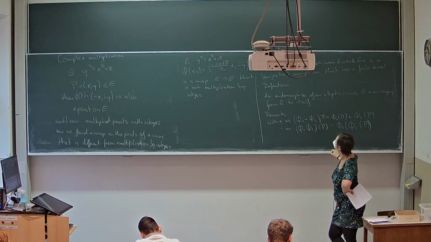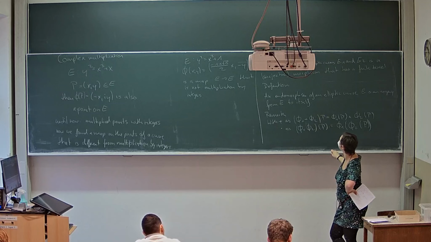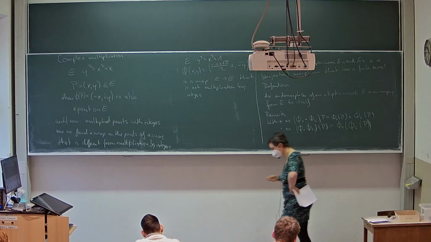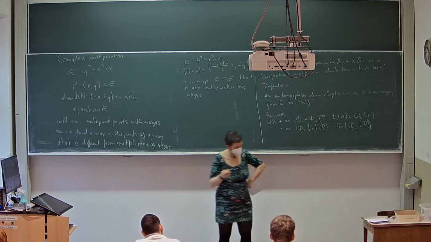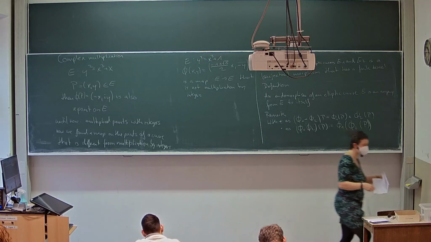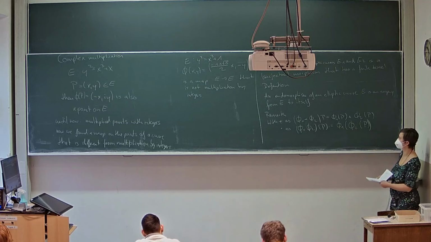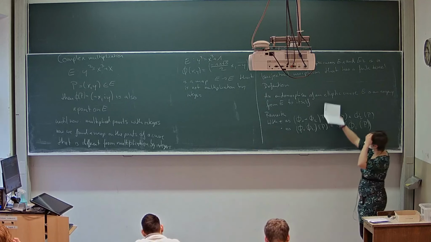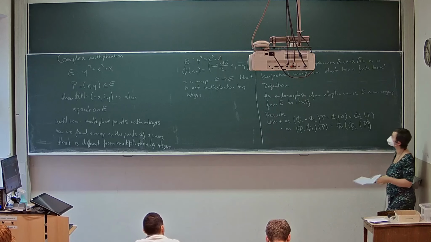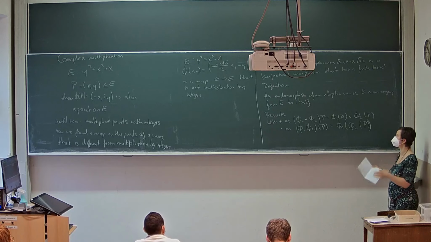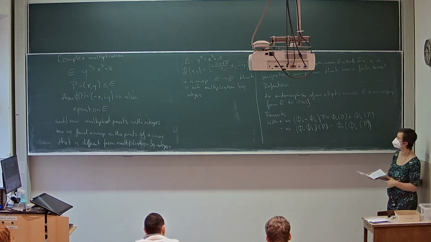Let me wait, I don't want to say something wrong. It's hard to explain this without going too much into theory. This morphism definition comes basically from rational functions on the curve.